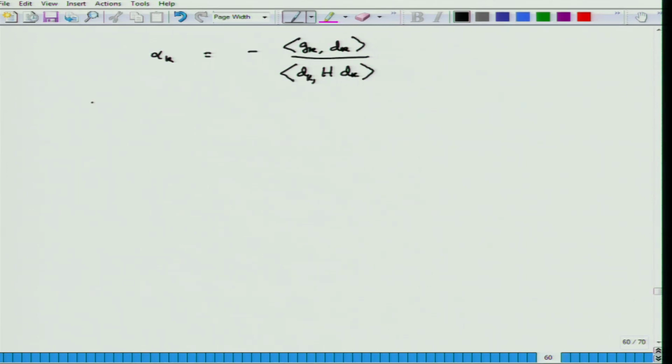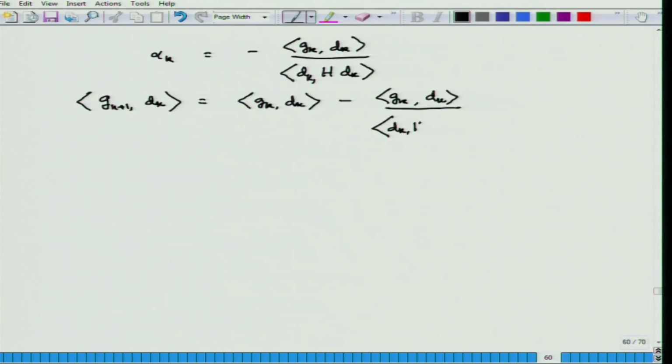If you do that, then g_(k+1) d_k is nothing but g_k d_k minus g_k d_k, and here also we have d_k H d_k, which cancels out.